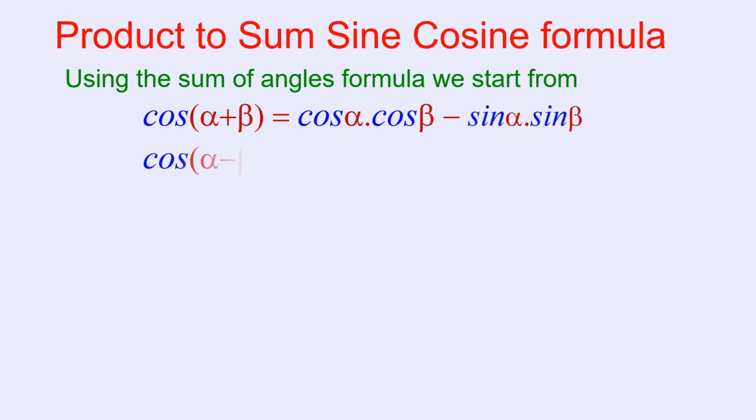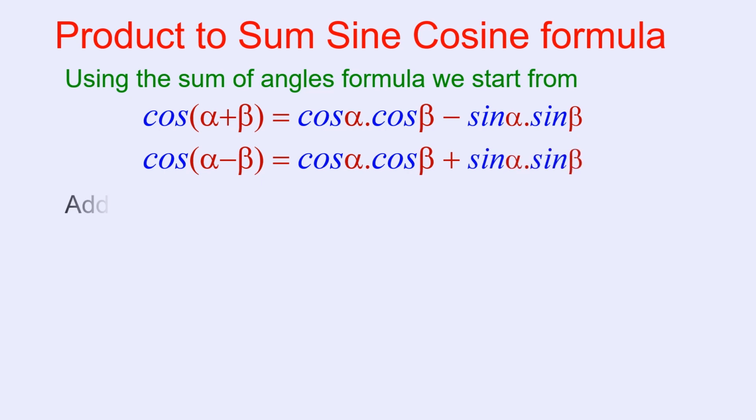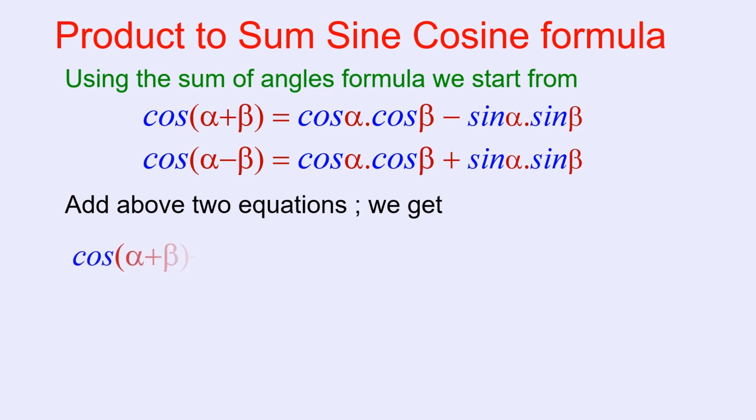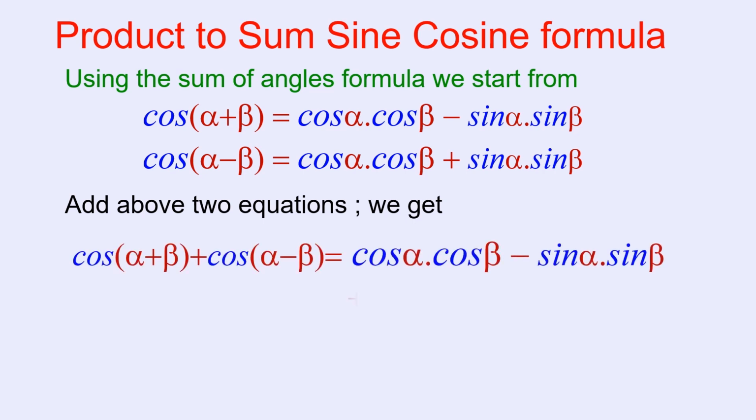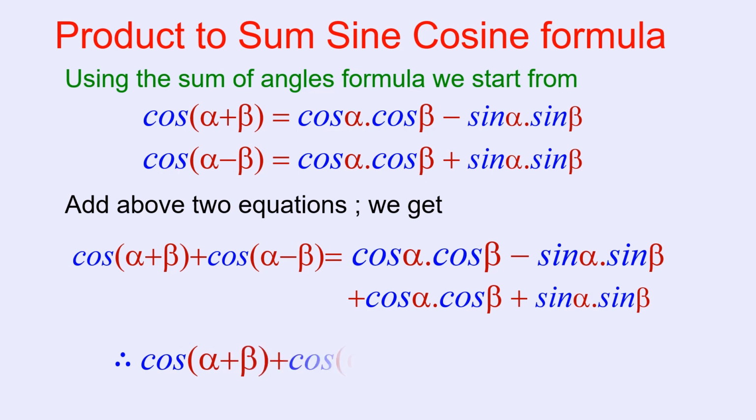Again, using the sum and difference of angles formula, we start from the formula of cosine of alpha plus beta and that of cosine of alpha minus beta. Adding the two equations, canceling plus minus same terms, we get cosine of alpha plus beta plus cosine of alpha minus beta equals 2 times cosine of alpha into cosine of beta.